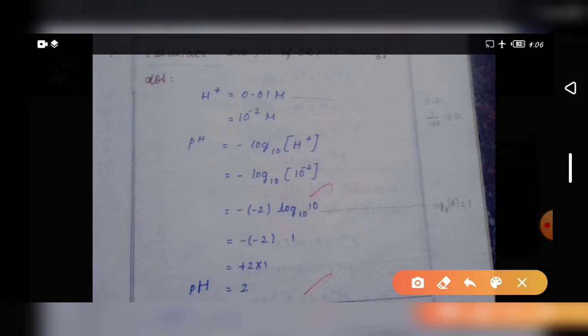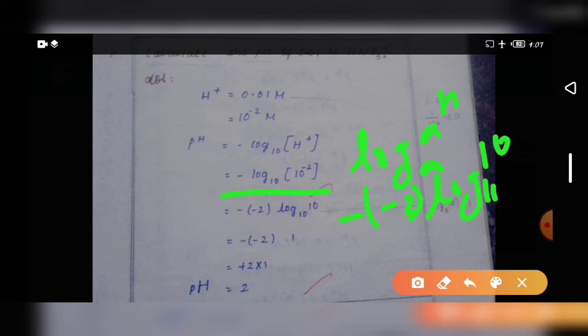See here 10 power minus 2 we already converted. So the power will become in front, log of A power n base A format. So the power of A will come in front, that is 2 comes in front. Already there will be a minus. So minus of minus 2 log 10 base 10.